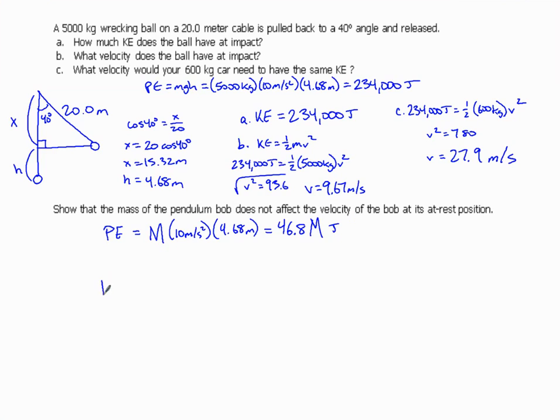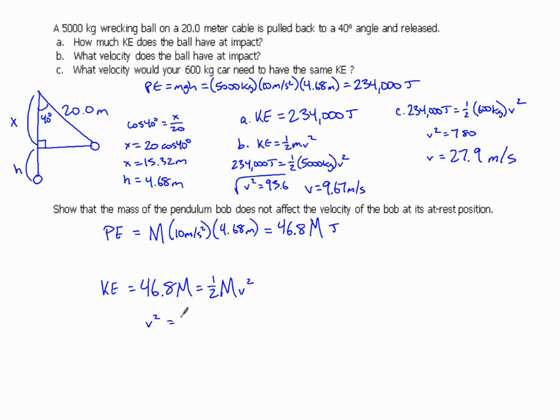Then for the kinetic energy, 1/2, big M for the mass, v squared. So let me back up and put in this number because that is the kinetic energy. There we go, 1/2 times big M for mass times v squared.